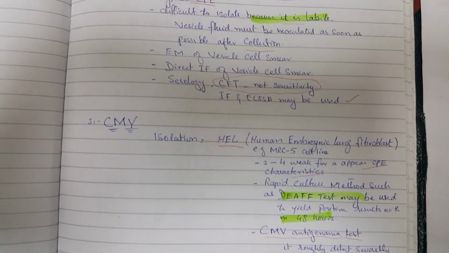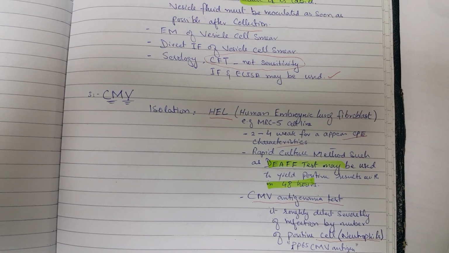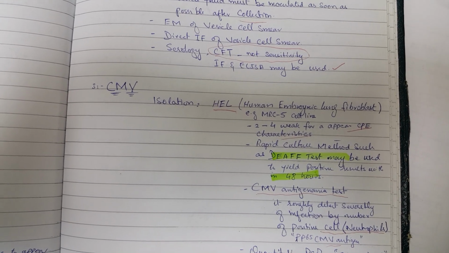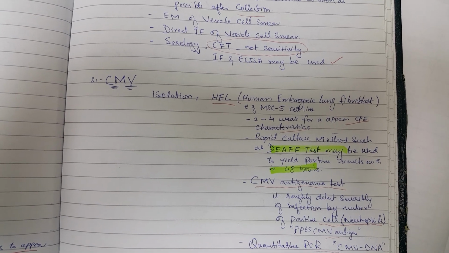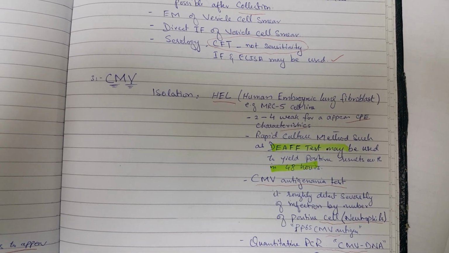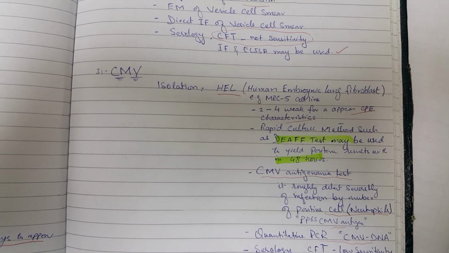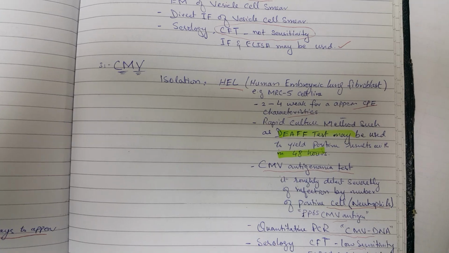In cytomegaloviruses, only human embryonic lung fibroblasts, which are MRC5 cell lines, are used, taking 2 to 4 weeks for the cytopathic effect to appear. The rapid culture methods such as the DIF test may be used to yield a positive result within 48 hours.